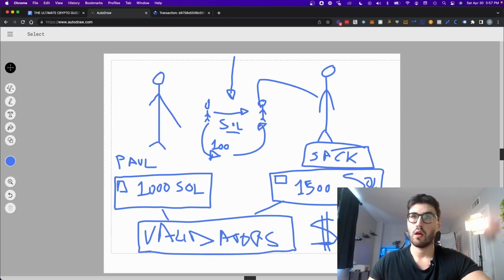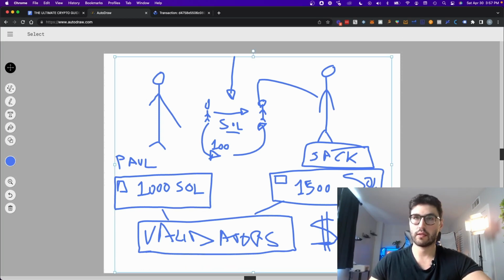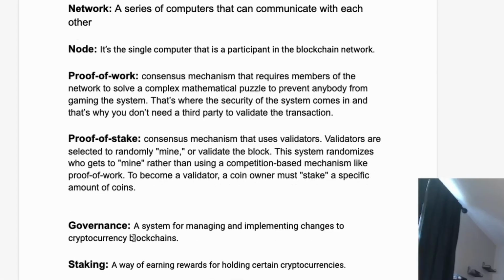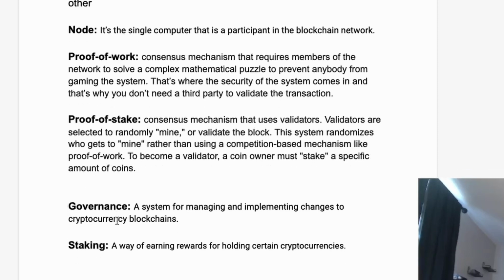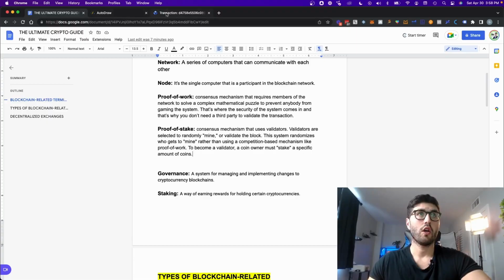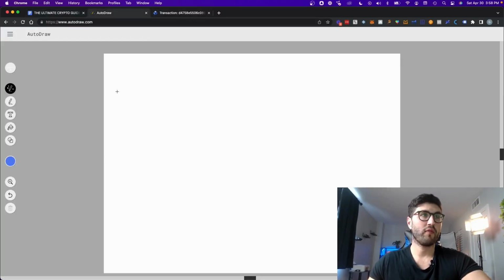Okay. All right, so let's go ahead and take a look at the other term, and the other one is governance. Okay, governance is basically a system for managing and implementing changes to the cryptocurrency blockchain. Okay, so before we talked about the network.